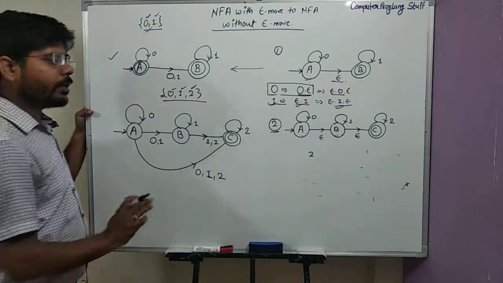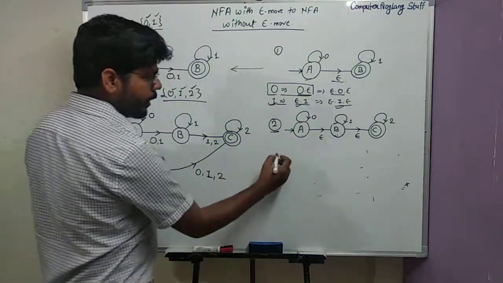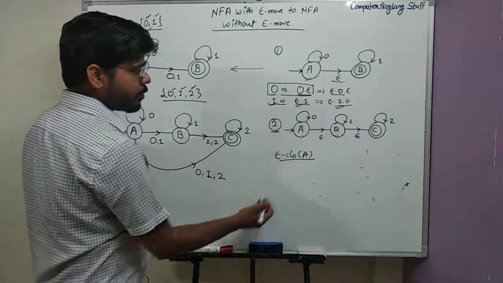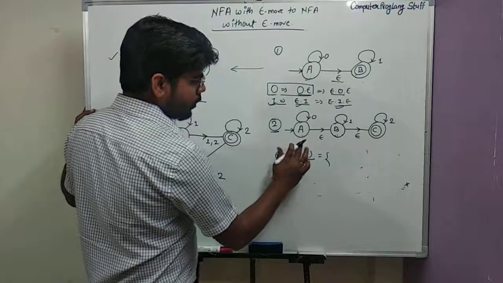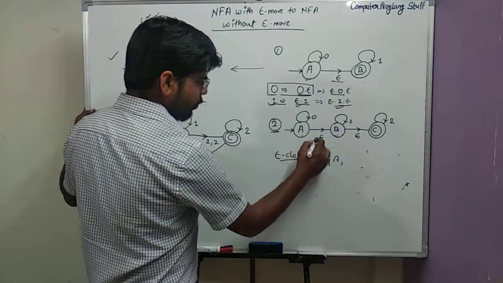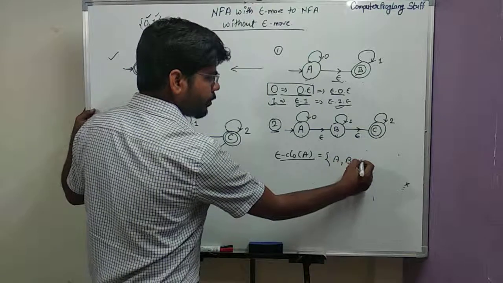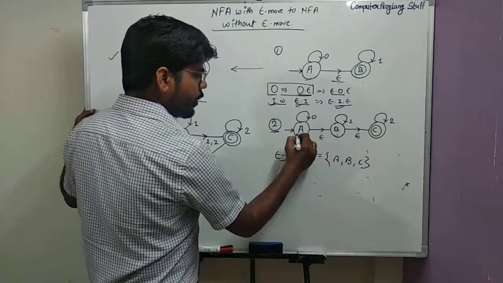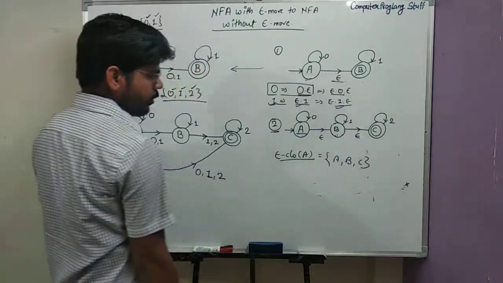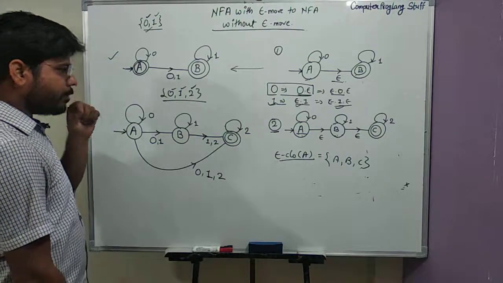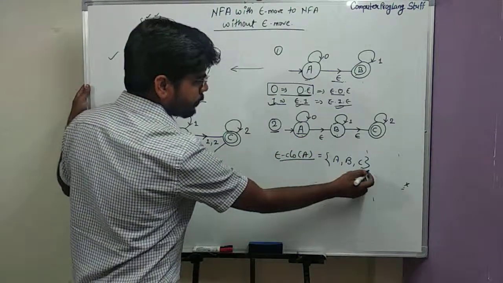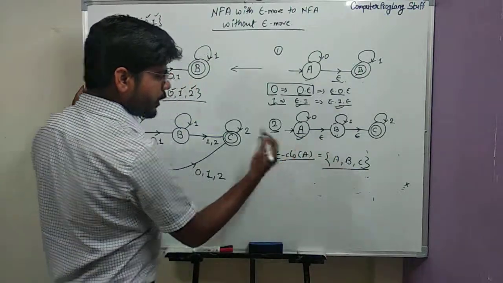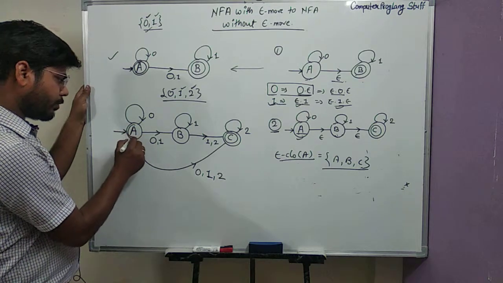And now the last step is finding the epsilon closure of A. See, if we take the epsilon closure of A, that is A, B and C. Directly we can see here that with the epsilon transition you can reach from state A to state C. So if you have all these states in the epsilon closure of the initial state, then make the initial state a final state.